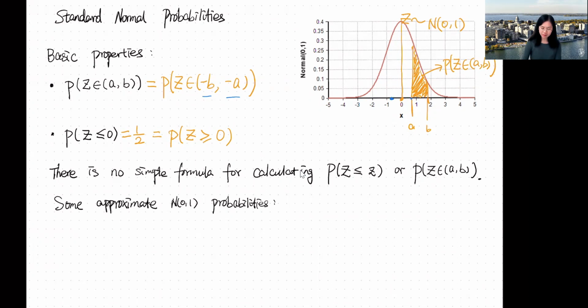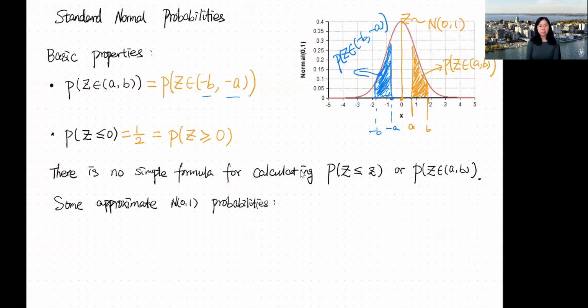The mirror point of a is minus a, and the mirror point of b is minus b. The probability that z is in the interval minus b to minus a is this blue shaded area. The blue shaded area and the yellow shaded area are mirror images of each other, so the probabilities are the same.